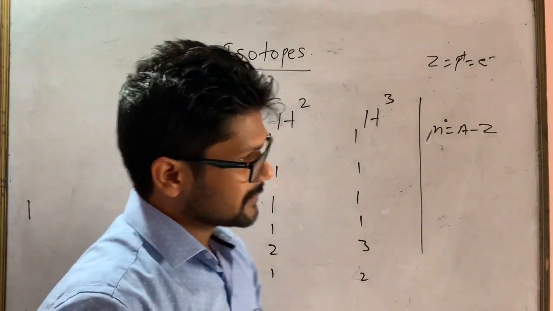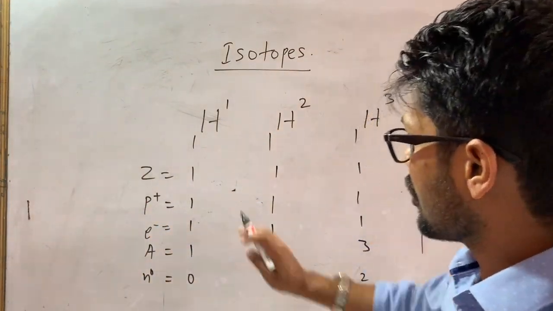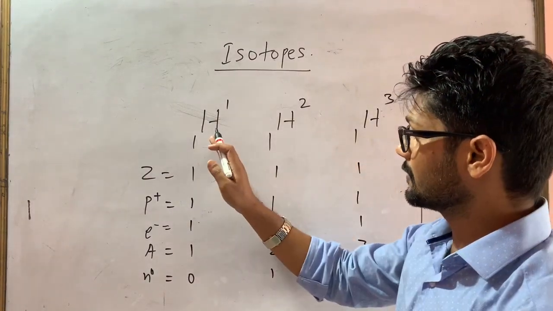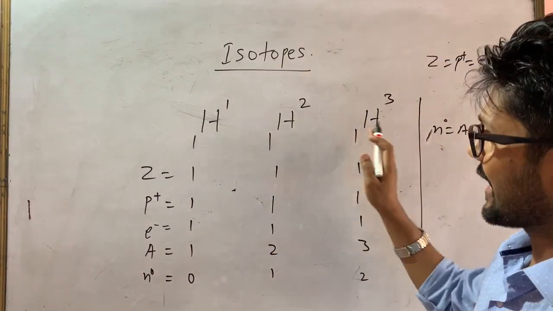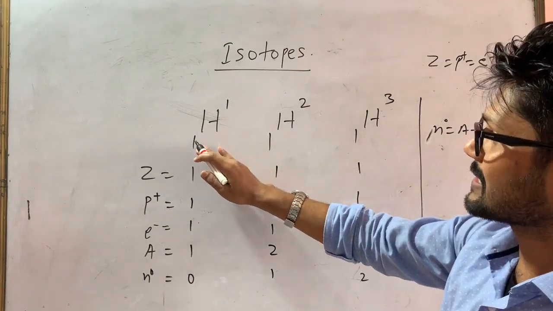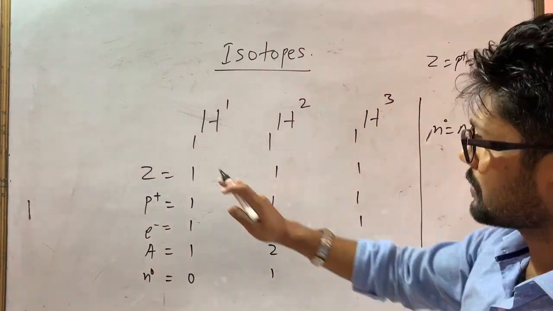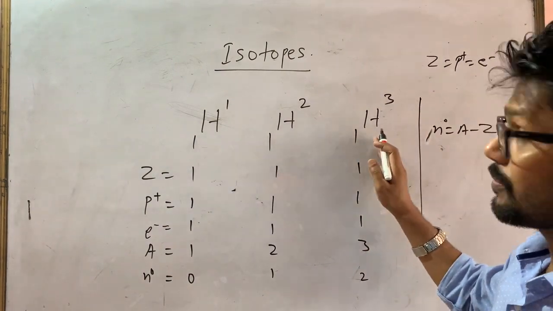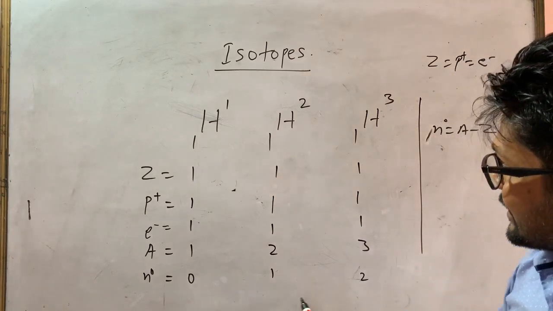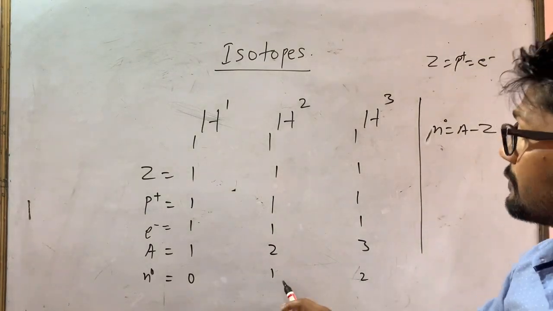So from this data you can see that all three are hydrogen atoms, but written in different forms. The mass is different in all the cases, but all have the same atomic number, or you can also say these all three have different numbers of neutrons.